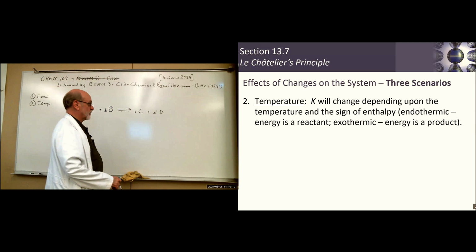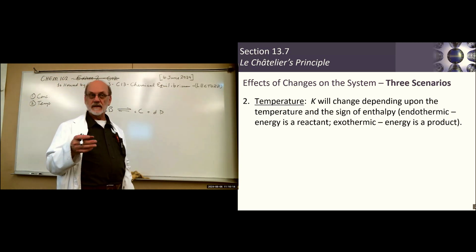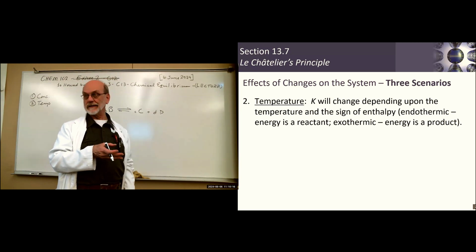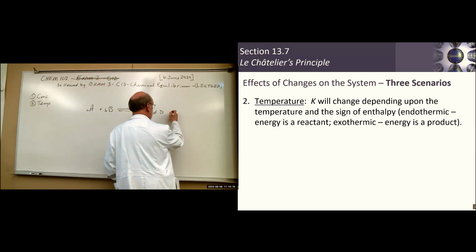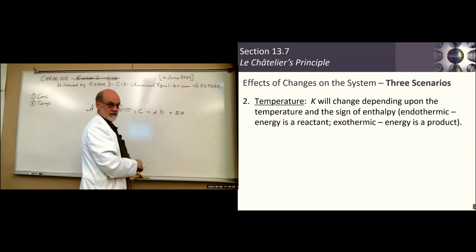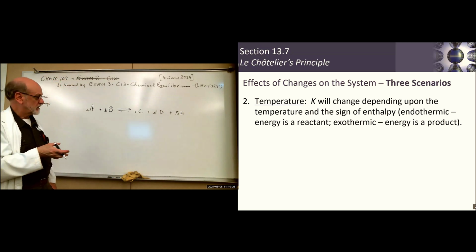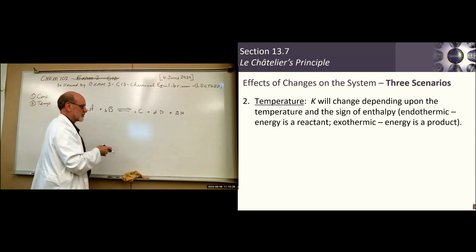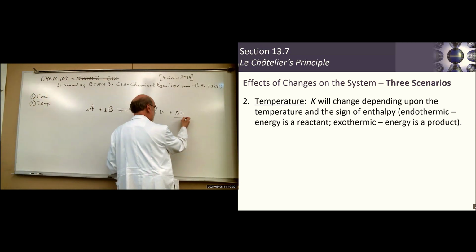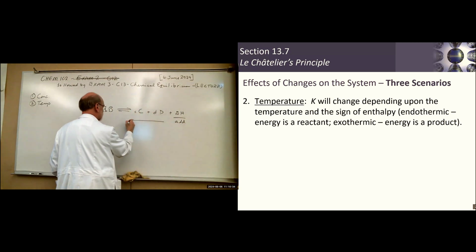If it's exothermic, then I put the enthalpy into the equation as a product. So an exothermic reaction will release heat as a product. Now, if we increase the temperature, we're effectively adding enthalpy, which shifts back this direction.